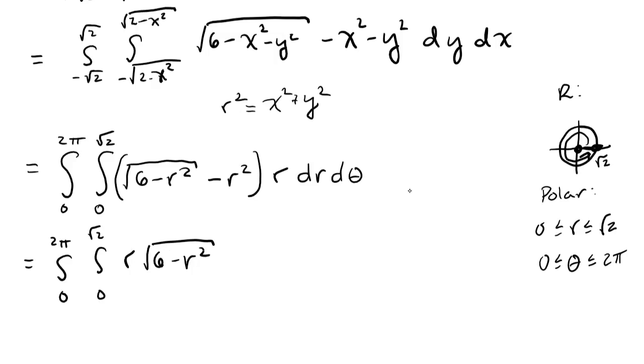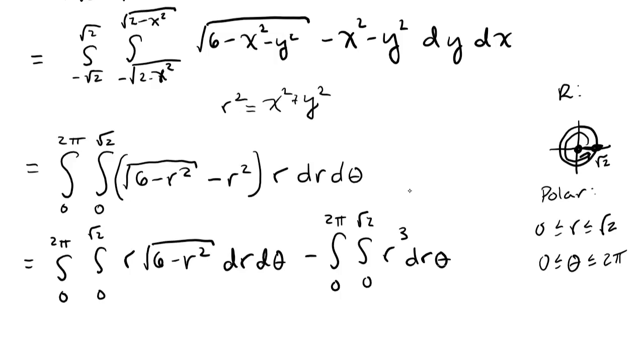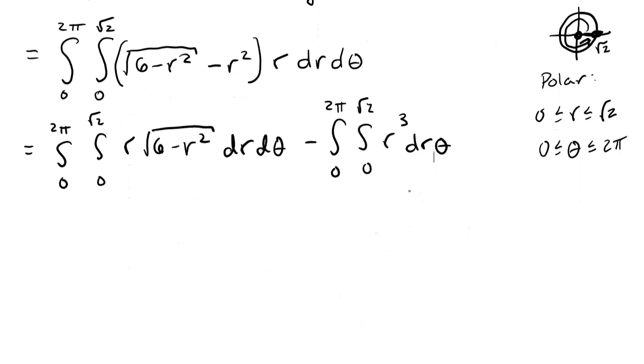And let's go ahead and actually split these, so then that one can be dr d theta, and then minus the integral 0 to 2 pi, integral 0 to square root 2, we'll have r cubed dr d theta. All right.